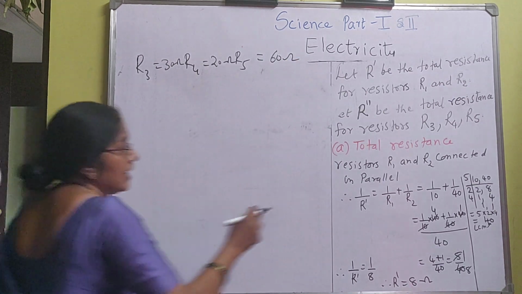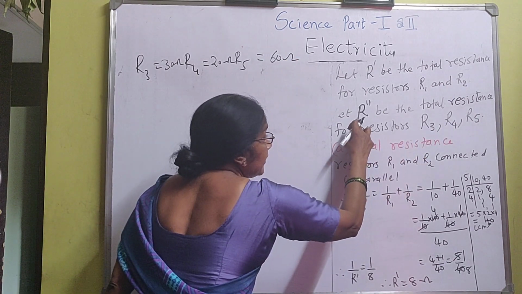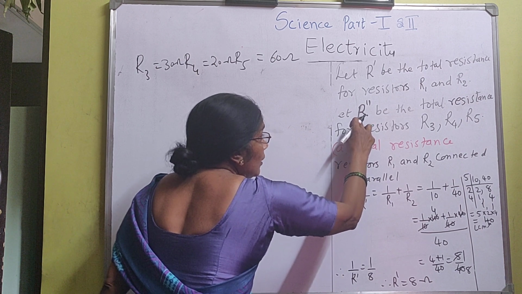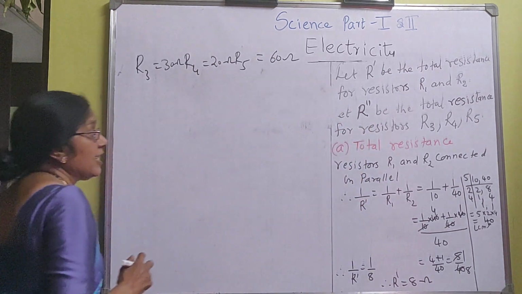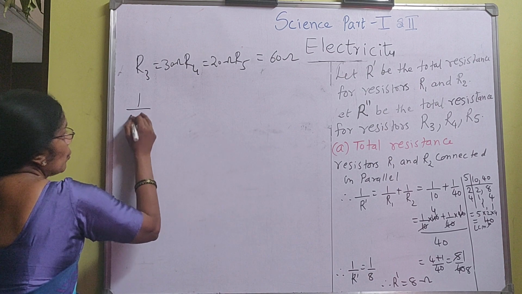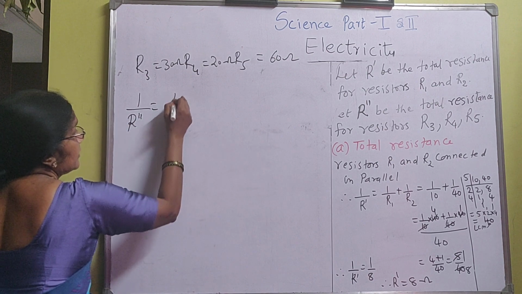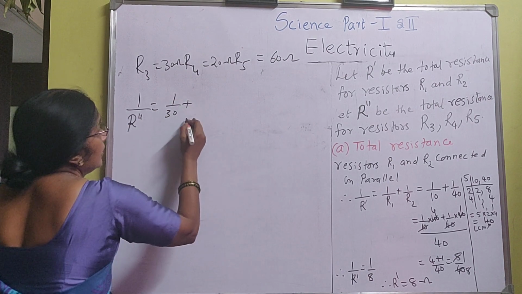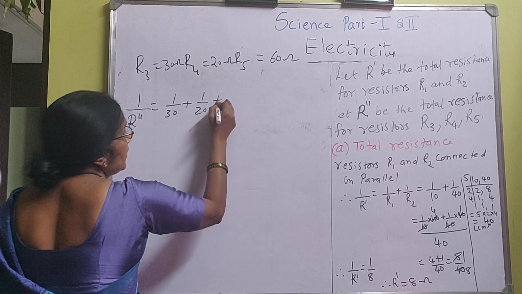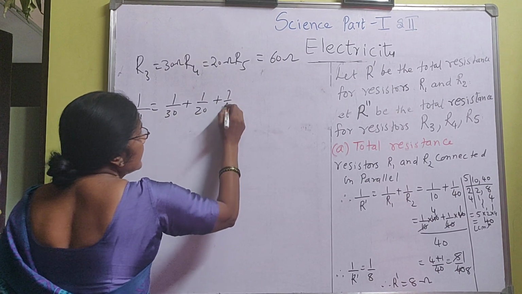We have taken that R3, R4, R5 are connected in parallel, whose total resistance we are going to represent as R double dash. So 1 by R double dash is equal to 1 by 30 plus 1 by 20 plus 1 by 60.